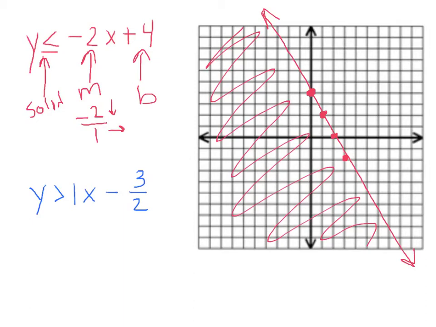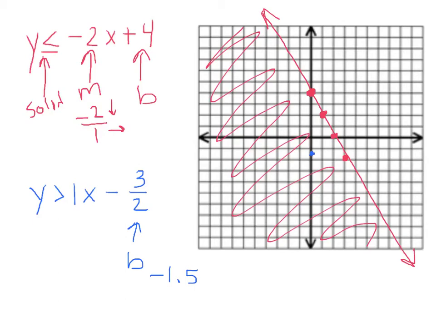Now let's look at the blue, or second, inequality. It is y is greater than 1x minus 3 halves. We always start with b, which is negative 3 halves, or negative 1.5 as a decimal. So we go down on the y-axis, down 1 and just in between 1 and 2.